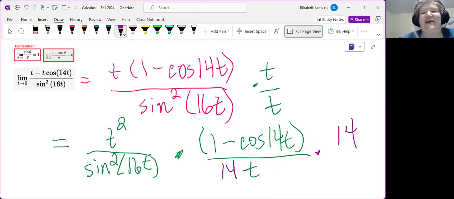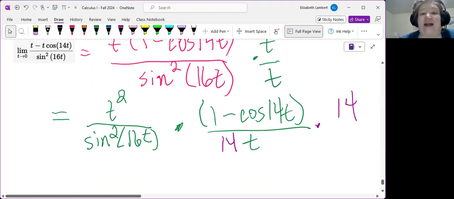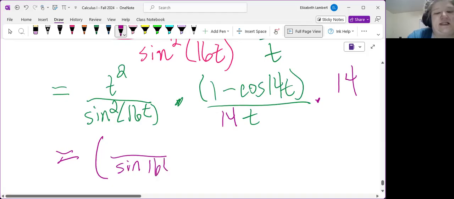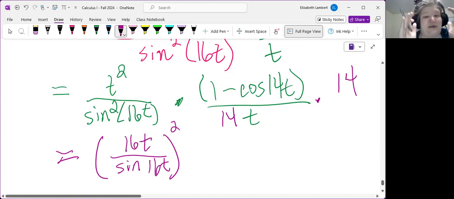But I'm going to go through it because if we didn't have our going to 0 limit, this other one would actually be a little more awkward. And so you do want to know, what number would I have to put? How would I balance that out? So what we want to see structurally in this guy is that we want to be able to write sine of 16t, whole thing squared, and then we need our matching 16t inside the parentheses that are being squared.